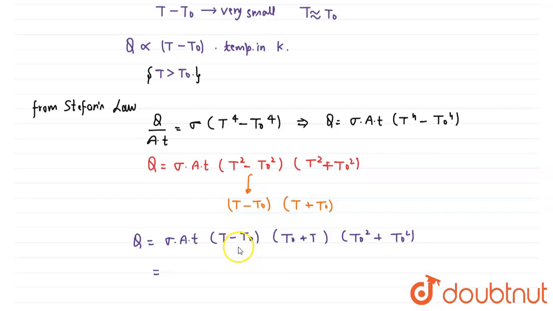We cannot write here 0 because there is a slight difference, and finally we will get sigma A t into T minus T naught, and it will be 4 T naught to power 3, right?